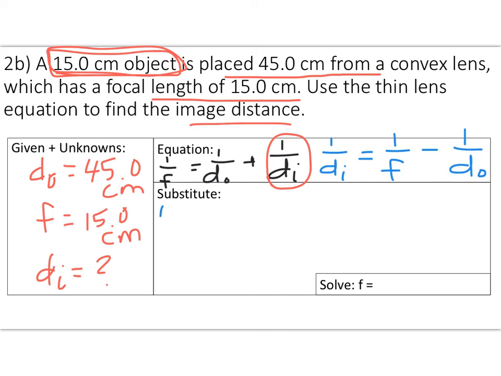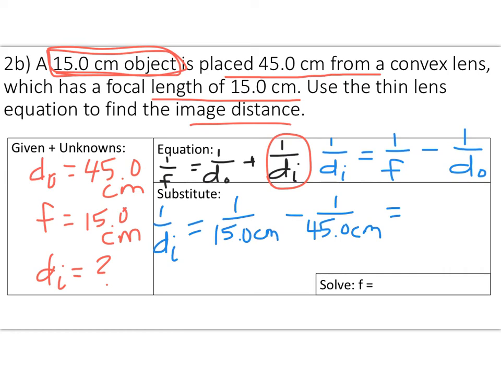So we know that 1 over di is equal to 1 over f, which is 15 centimeters, minus 1 over our dO, which is 45 centimeters.